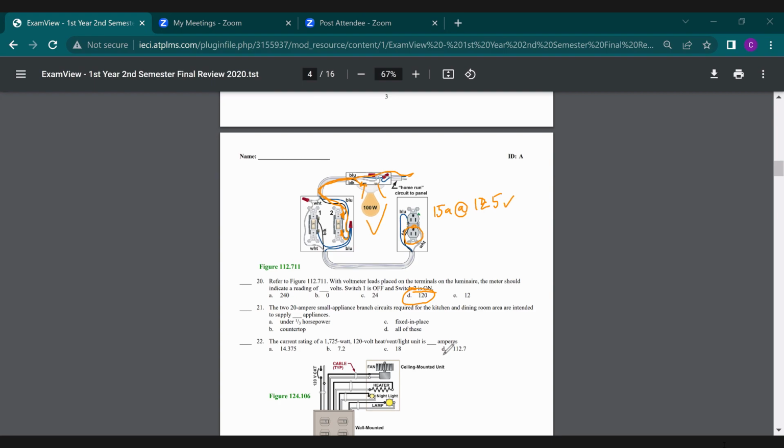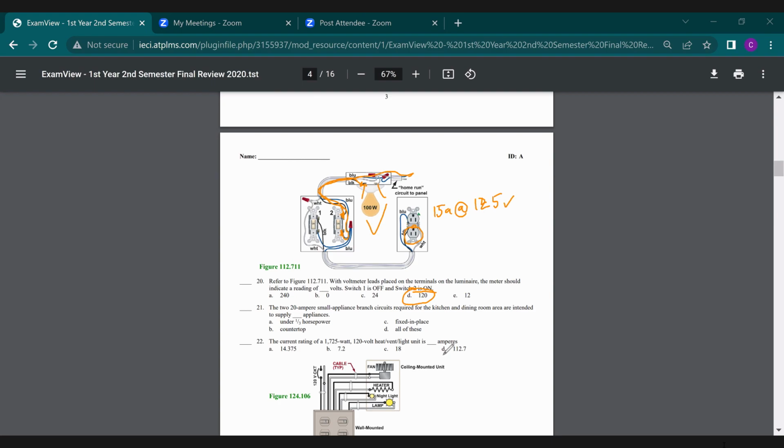All right, if we're looking at section C, it gives us our countertops and work surfaces in kitchen, pantries, breakfast rooms, dining rooms, and similar areas of a dwelling. Receptacle outlets for countertop and work surfaces that are 12 inches or wider shall be installed in accordance with the section following, but not considered receptacle outlets as required by 210.52.